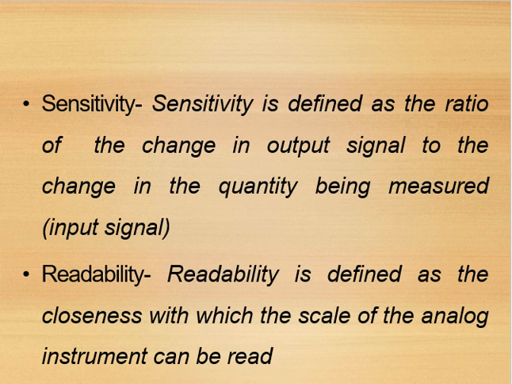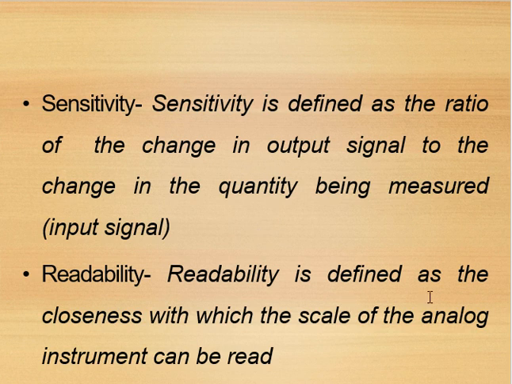Along with accuracy, sensitivity is again a very important parameter while choosing your instrument, because it must show even the smallest change at the input. Higher sensitivity is the most important parameter to consider while choosing the instrument for the measurement. The next is readability.